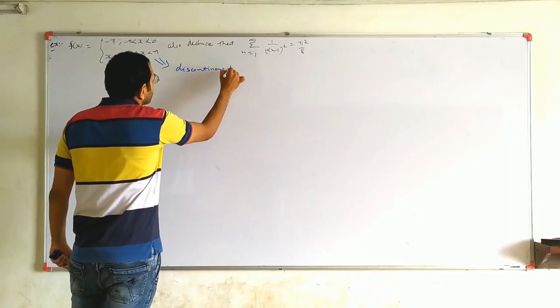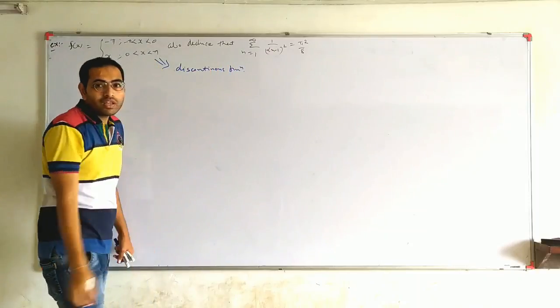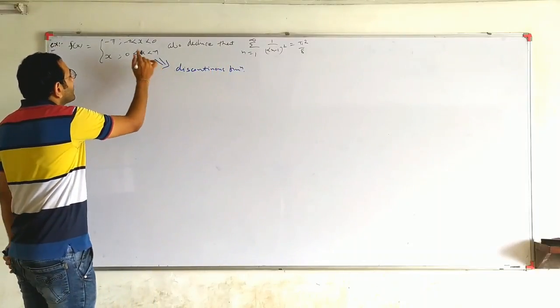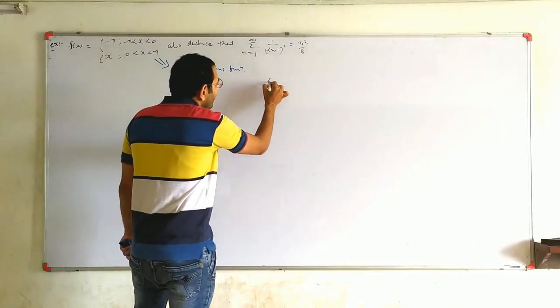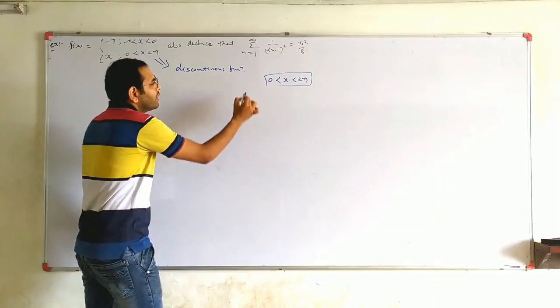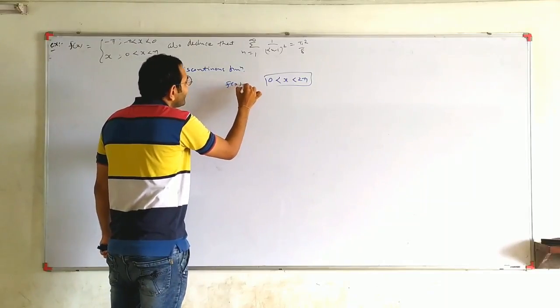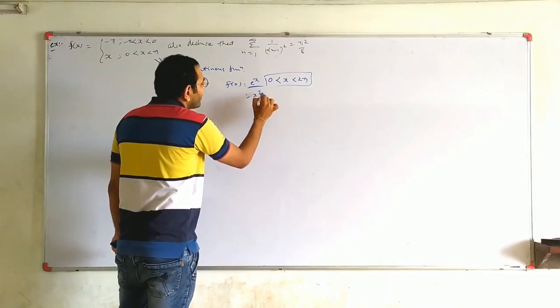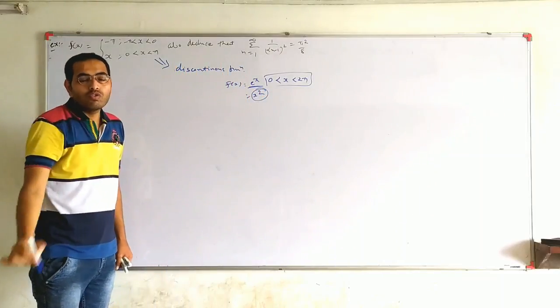discontinuous function. How can we say it is a discontinuous function? In the above example, the range of the interval was fixed, 0 to 2 pi, with only one function, e raised to x, x square, whatever. The function had a fixed value.